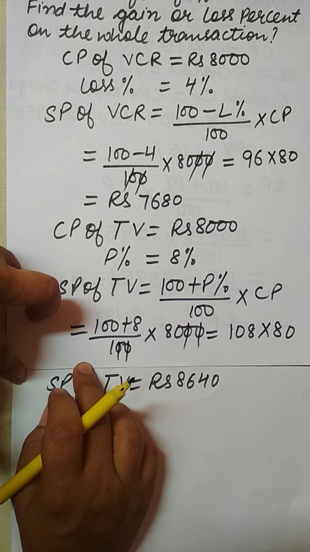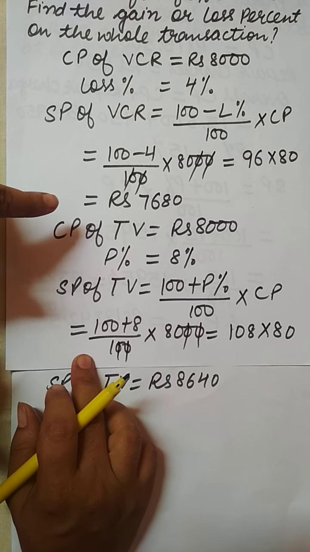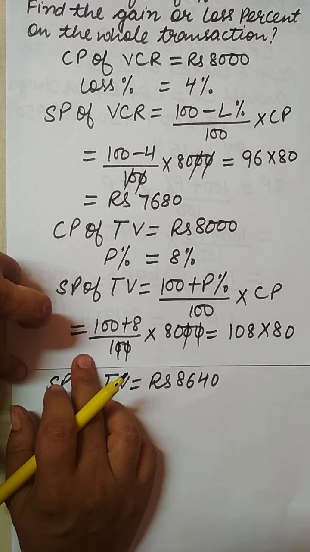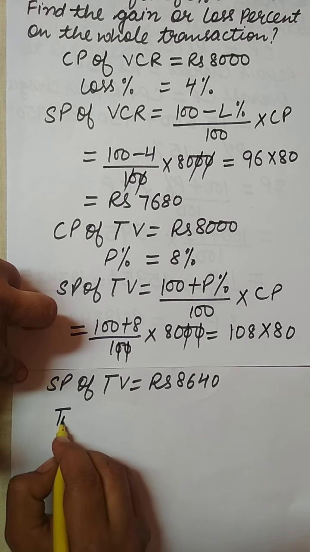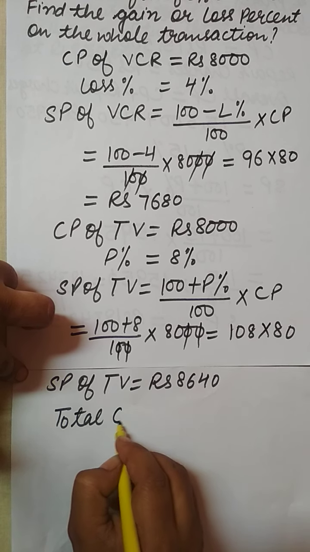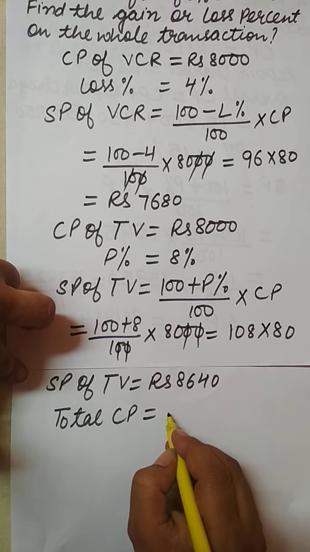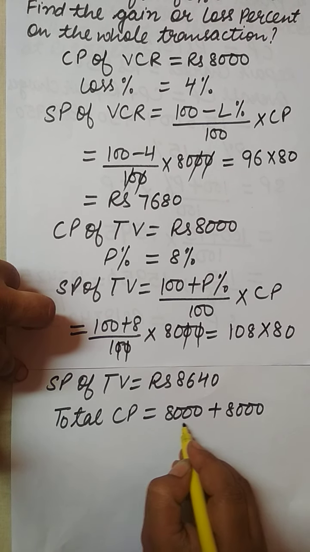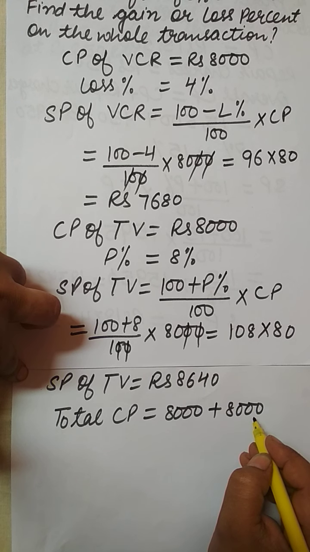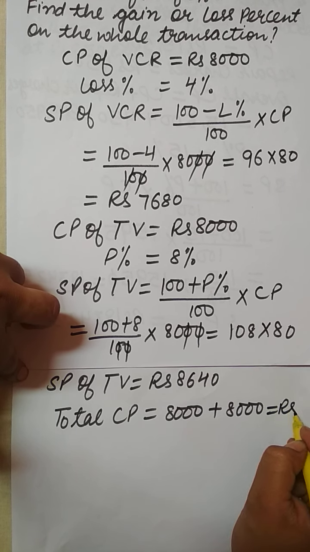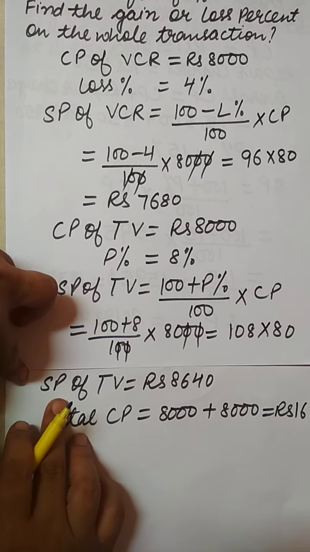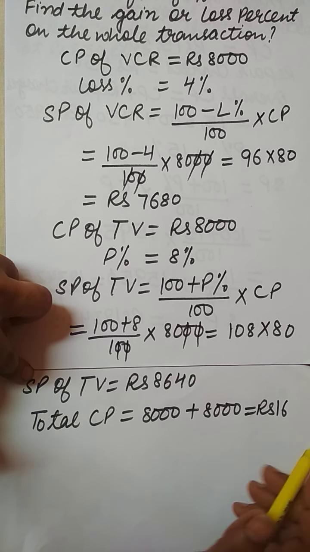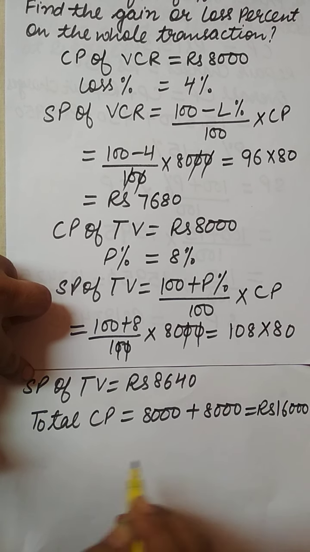Now we are to calculate loss or gain percent on the whole transaction. So firstly I will write total cost price is equal to 8,000 plus 8,000. That is cost price of TV and cost price of VCR, that is equal to rupees 16,000.